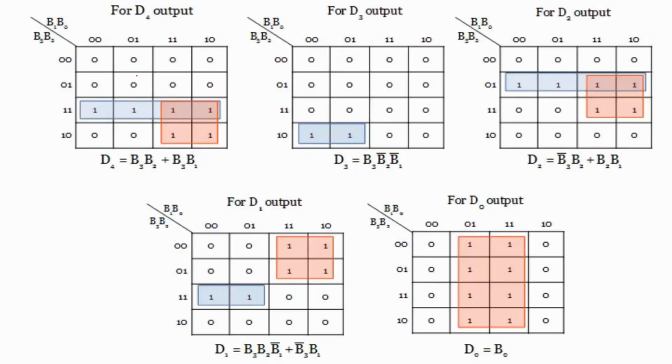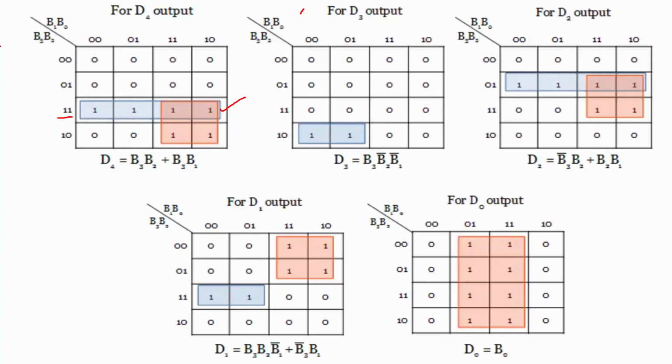Okay, so these are the K-maps corresponding to D4, D3, D2, D1, D0. In the first K-map, the expression corresponding to D4 is here. For this blue group, the common terms are B3 and B2.